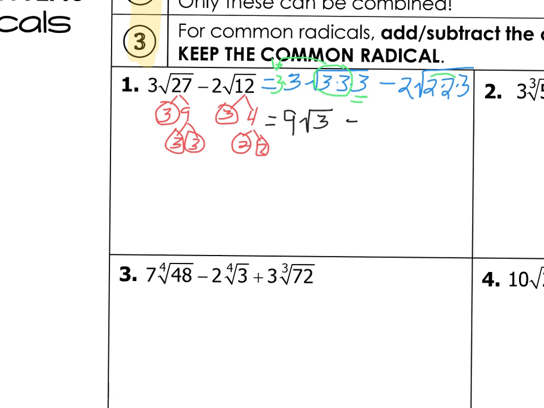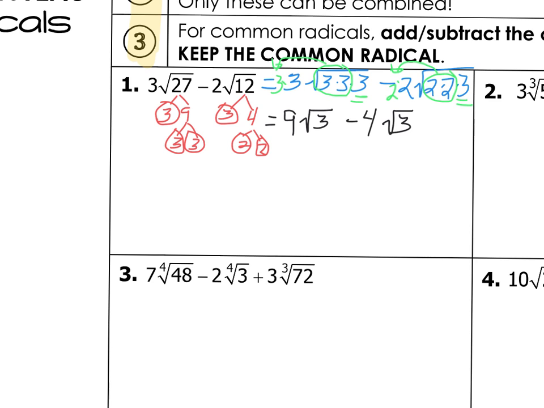and then I can circle this pair of 2's, so it comes out in front, and one of the 2's gets multiplied to that 2. So 2 times 2 is 4, and then this 3 is left over, so I have radical 3. So now both my index, both 2, and my radicand, 3, match.